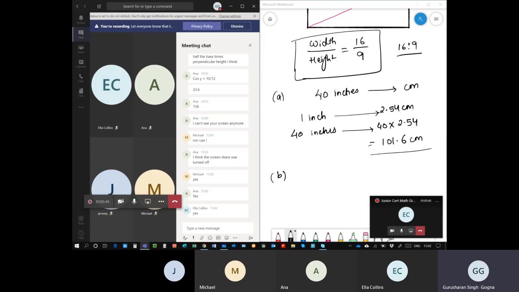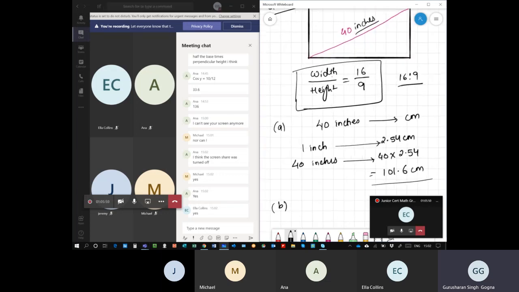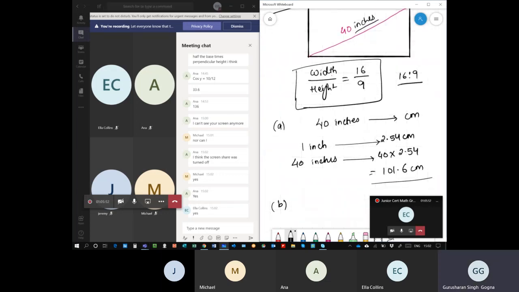But the second question is you need to find out the width and height. How will you do that question? Any idea? No idea?